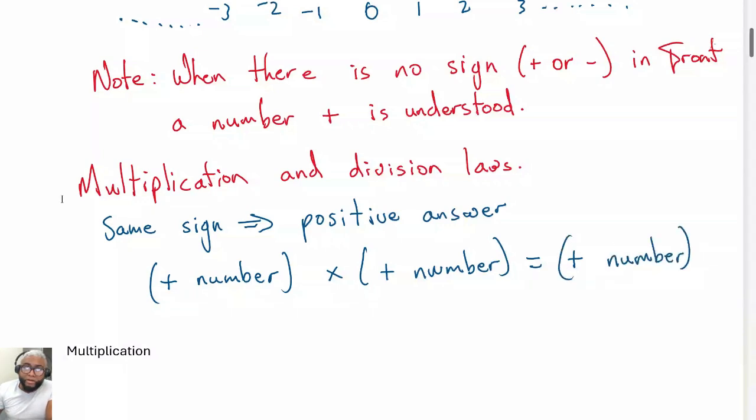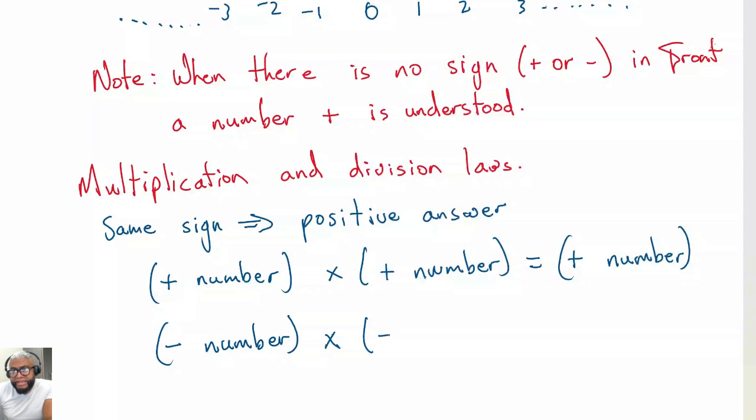Okay? But also, if I have a negative number multiplied by a negative number, your answer will also be a positive number. Okay?